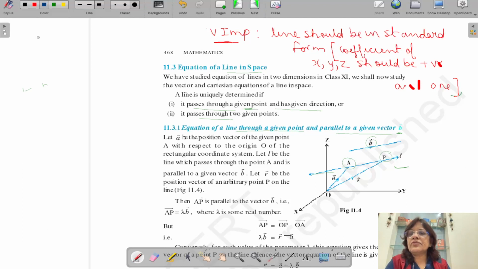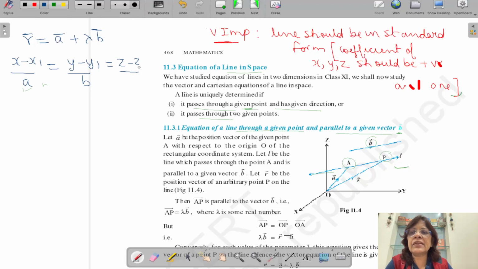The vector form is r = a + lambda b, and the Cartesian equivalent is (x minus x1) upon a, (y minus y1) upon b, is equal to (z minus z1) upon c. We say that this is the equation of the line passing through the point (x1, y1, z1) with direction ratios a, b, and c.